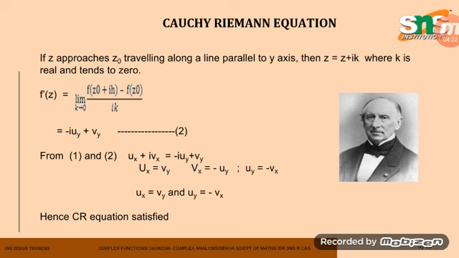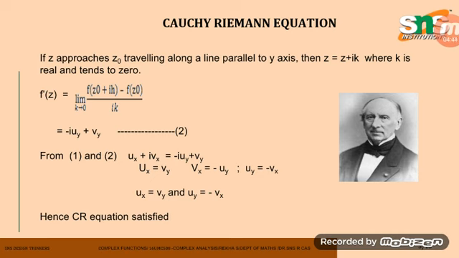Expanding and simplifying using the definition of differentiability, finally we can write the result as minus i uy plus vy. This is equation 2.